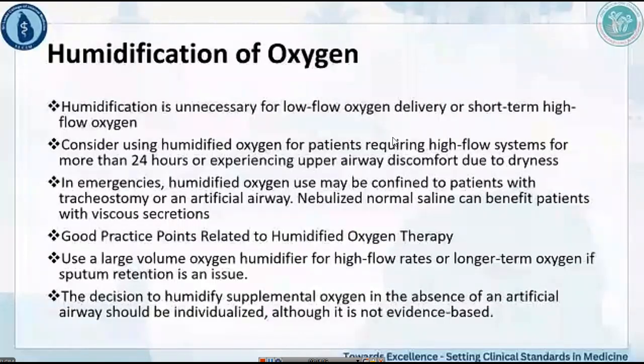So consider using humidified oxygen for patients requiring high flow systems for more than 24 hours or experiencing upper airway discomfort due to dryness. Other patients will experience severe dryness in their upper respiratory tract and severe discomfort. And in emergency, humidified oxygen use may be confined to patients with tracheostomy and artificial airway.